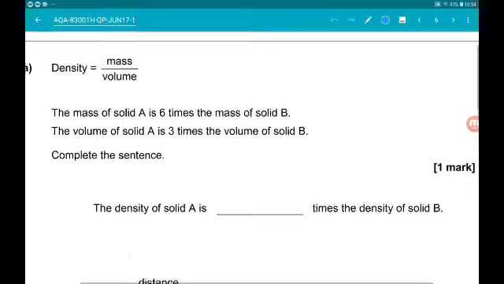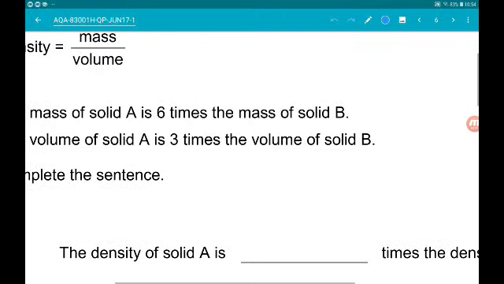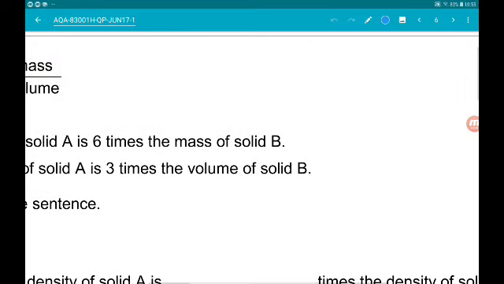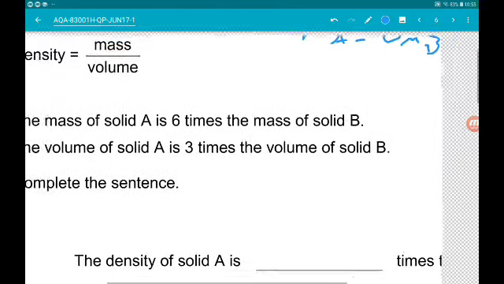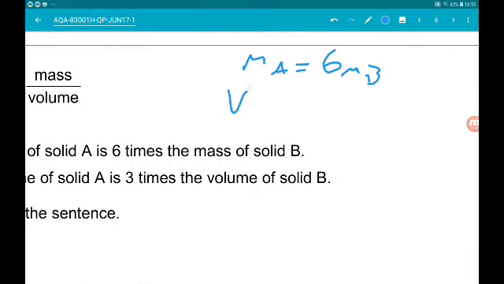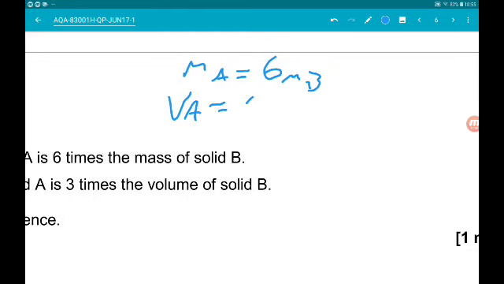Okay, well we can say that if the mass of solid A is 6 times the mass of solid B, we can say that mass of A is 6 times the mass of B, and we can say that the volume of A is 3 times the volume of B, so we can say 3 VB.